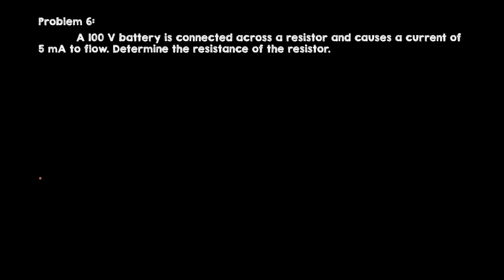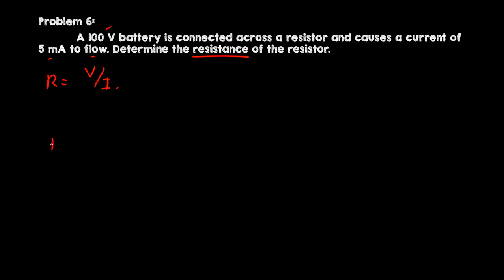Problem number 6. A 100-volt battery is connected across a resistor and causes a current of 5 milliamperes to flow. Determine the resistance of the resistor. We are looking for the resistance of the resistor. So R is equal to, again, V over I. We have the voltage of 100 volts and current of 5 milliamperes.